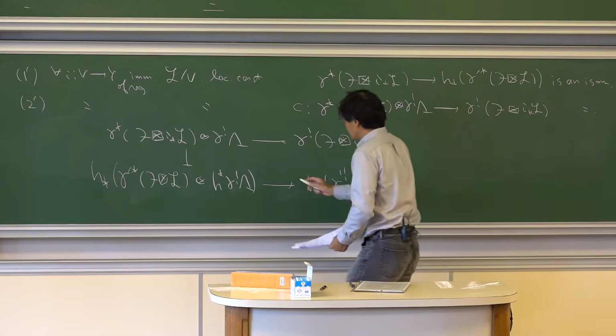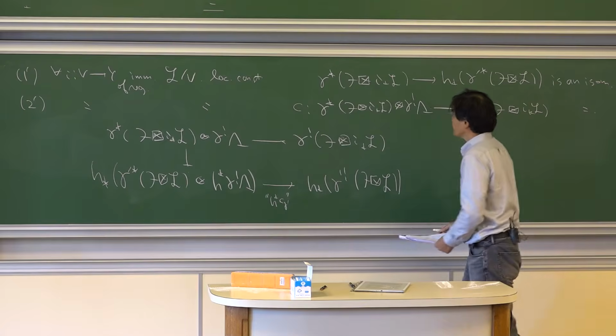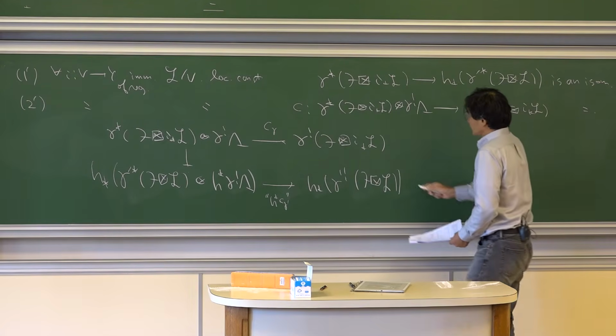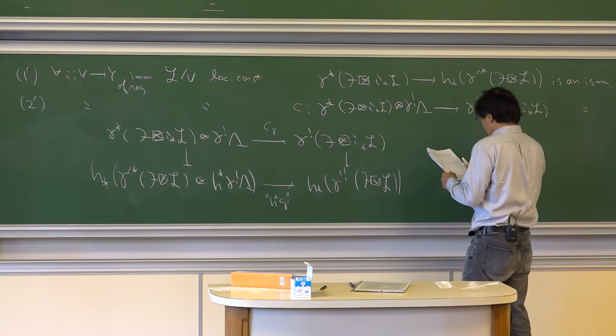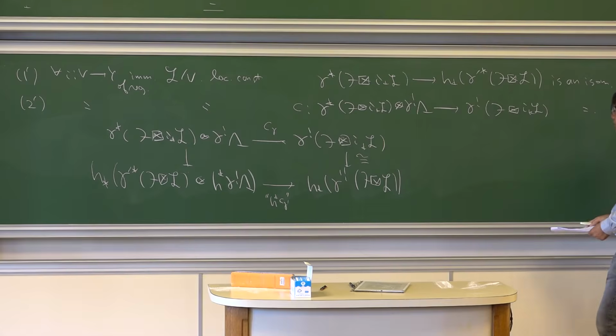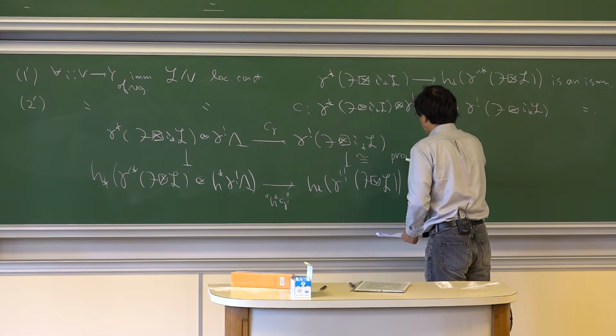So this is almost H star of C for gamma prime. So this is C for gamma. And here is the base change isomorphism. So this is isomorphism by proper base change.